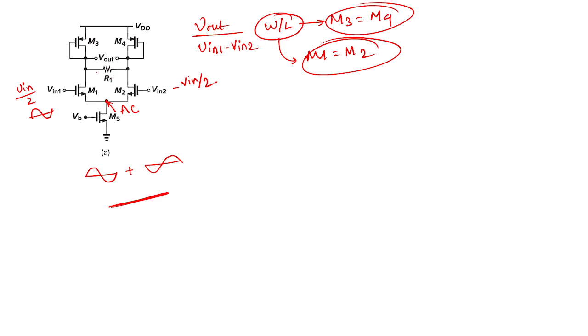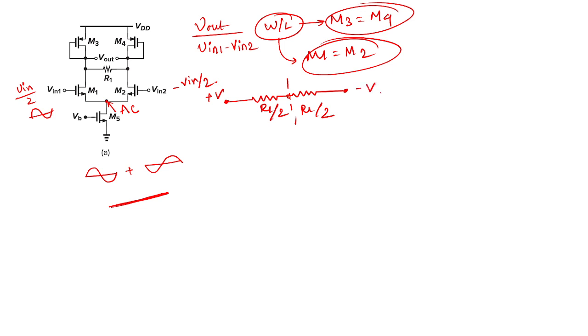Instead of writing R1, we can replace it with a series combination of two resistances, R1 by 2 and R1 by 2, and this point will also be a virtual ground, because if this point's voltage is plus V, the other point's voltage will be minus V.